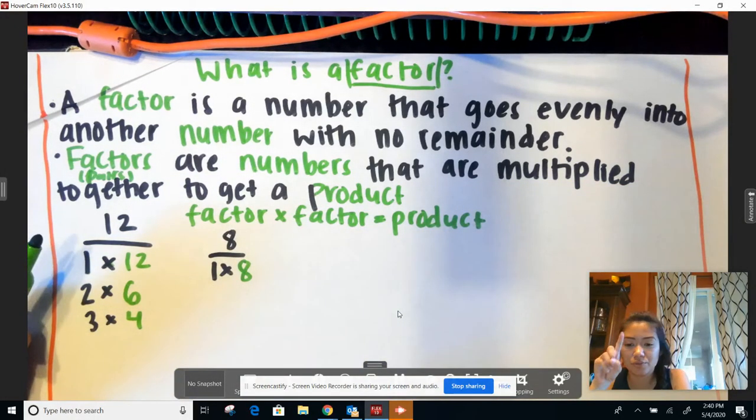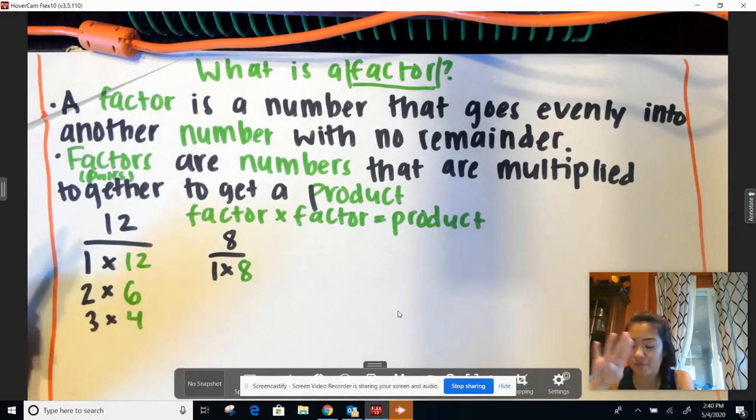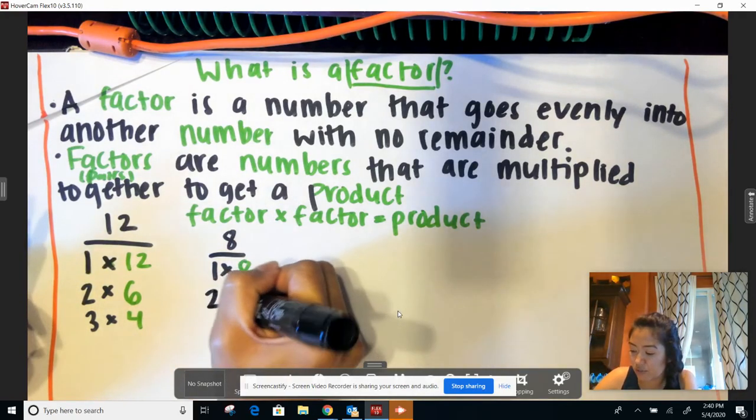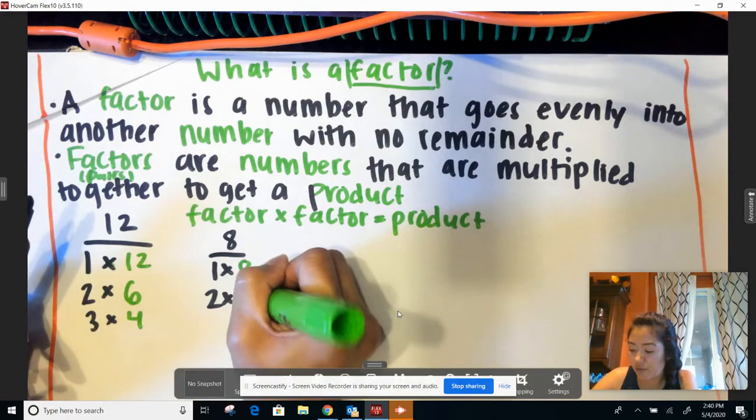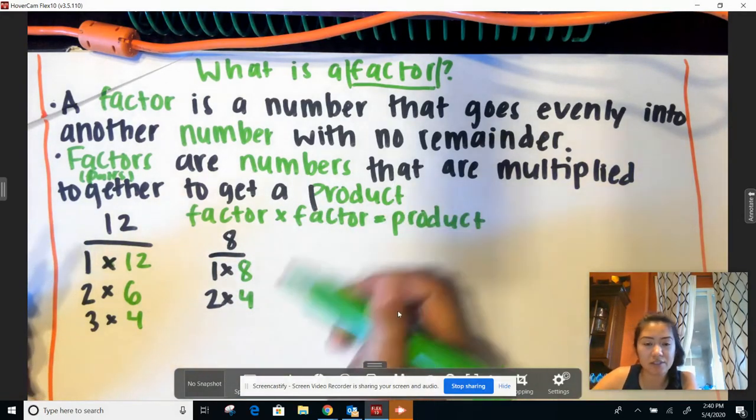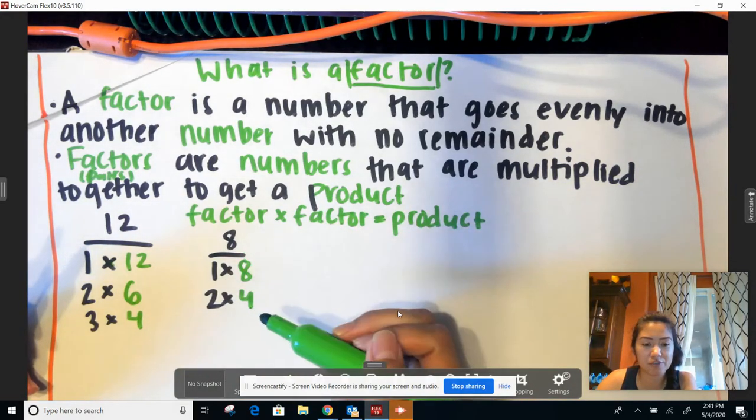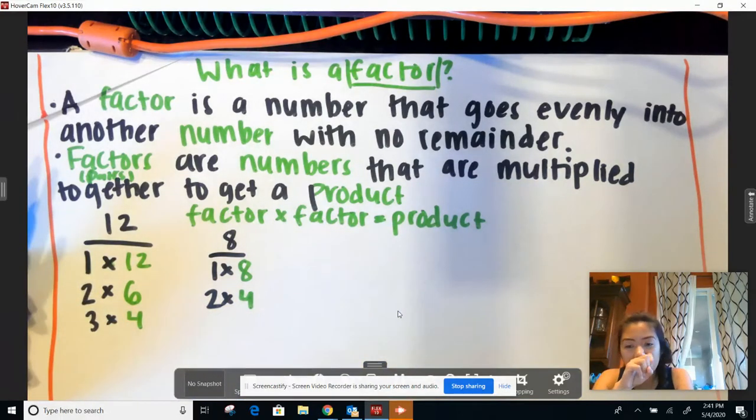Let's check 2. 2, 4, 6, 8. Hey, that goes in there. How many times? 4. So 2 times 4 equals 8. Okay, so factor times factor equals product. 3, 3, 6, 9. Too far. Okay, 4. Oh, check it out. We've already had it.